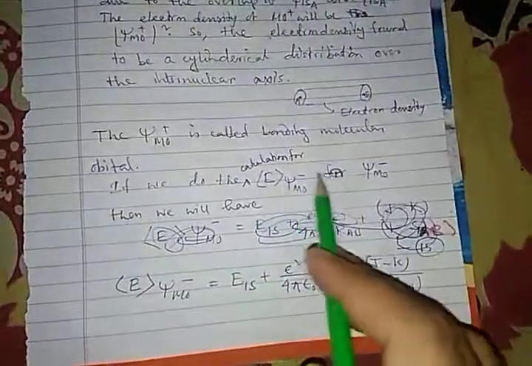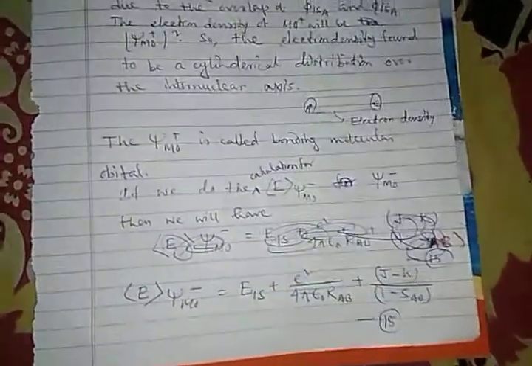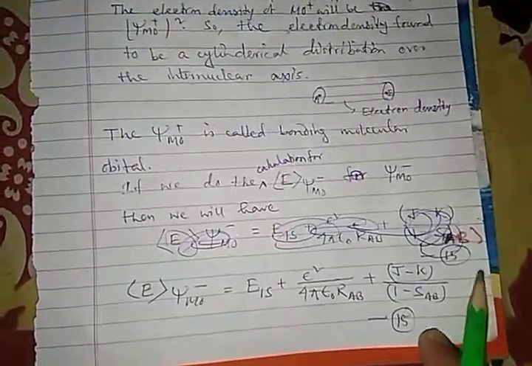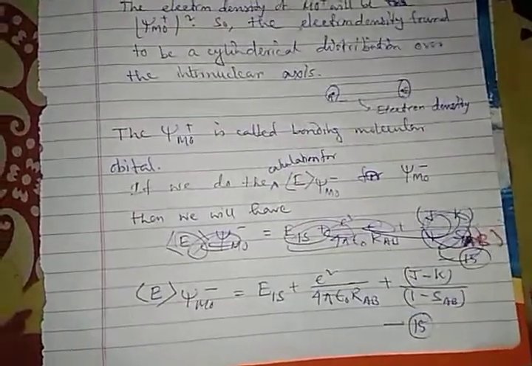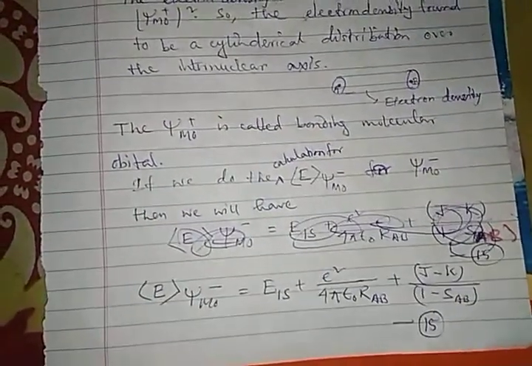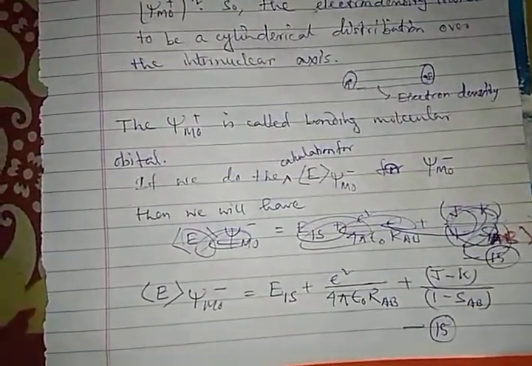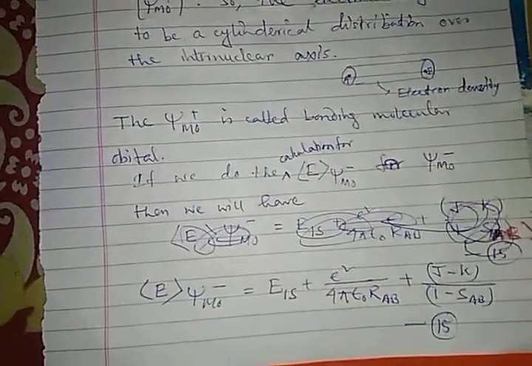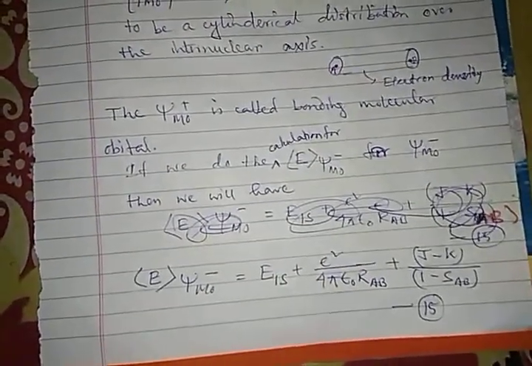Now if I calculate this psi MO minus, I will encounter a similar type of Hamiltonian operator and a similar kind of operation. There will be 16 integral terms.